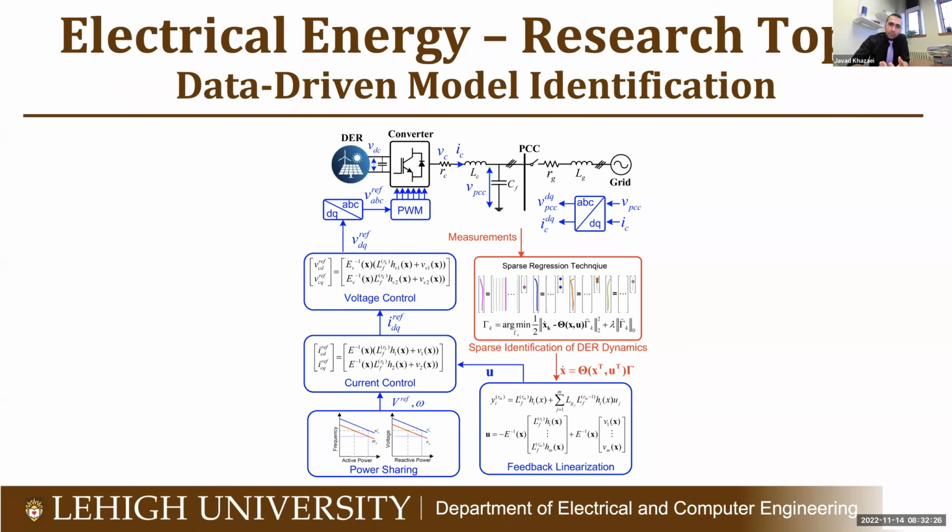Normally, this is done through a power converter, which converts a DC power to an AC, or alternating current. Since we have a lot of manufacturers developing these devices and we are integrating those to the power system, we are interested to see if we don't know anything about these components, how can we model those? Because without a model, there is no way that you can control devices.